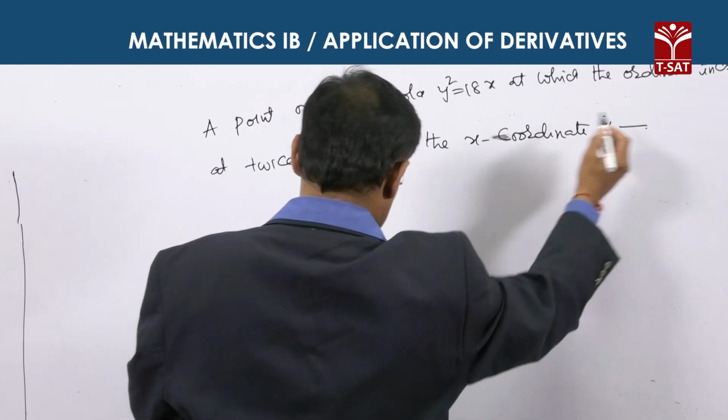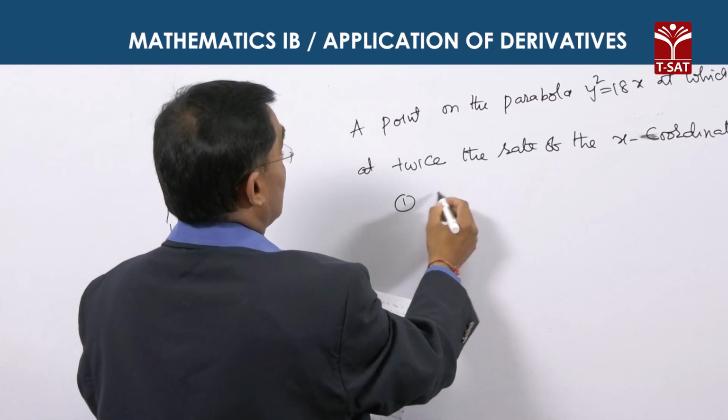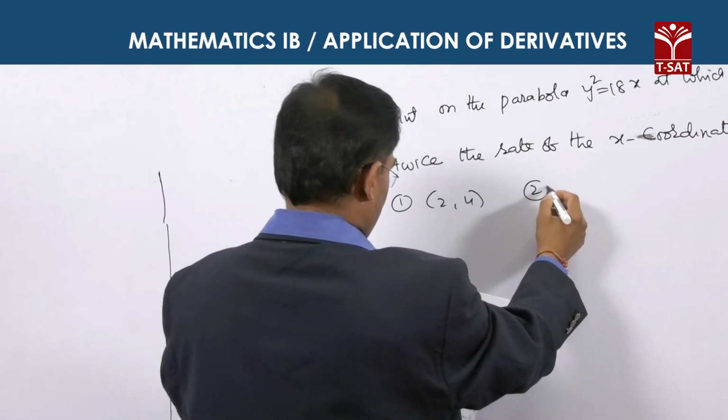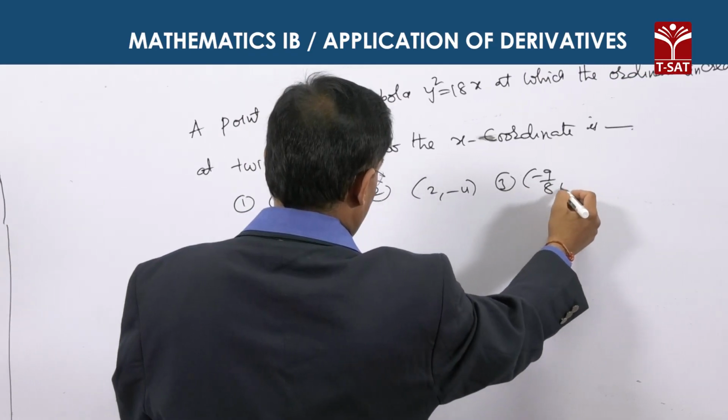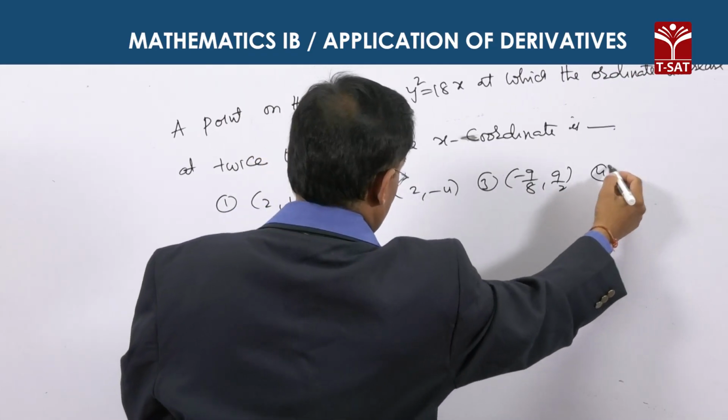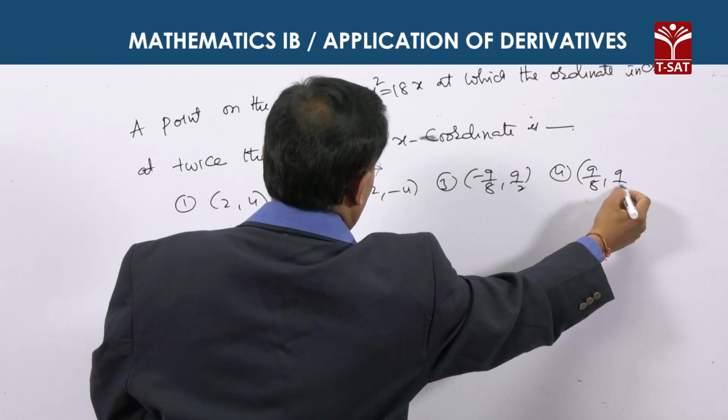The rate of the x coordinate is dash. First response is 2, 4. Second response is 2, minus 4. Third response is minus 9 by 8, 9 by 2. And the fourth response is 9 by 8, 9 by 2.